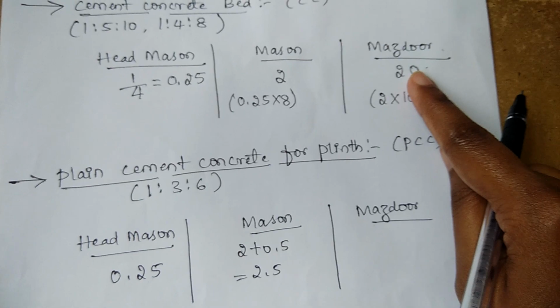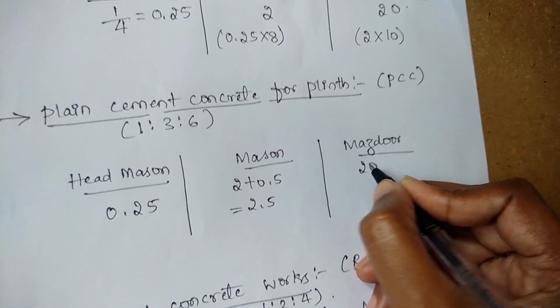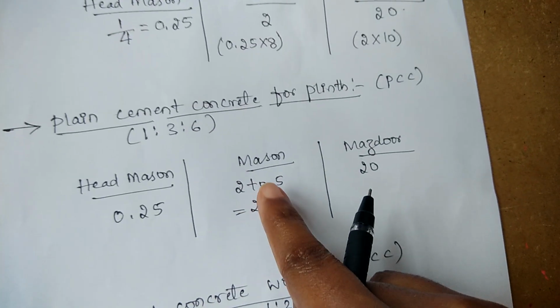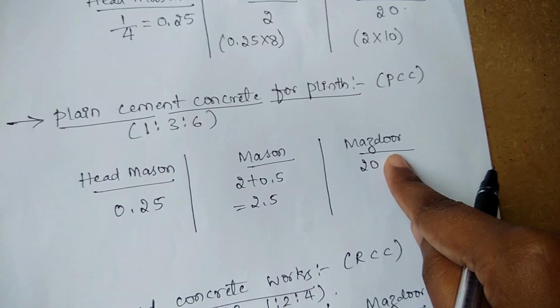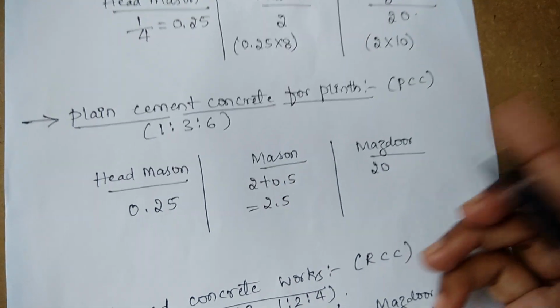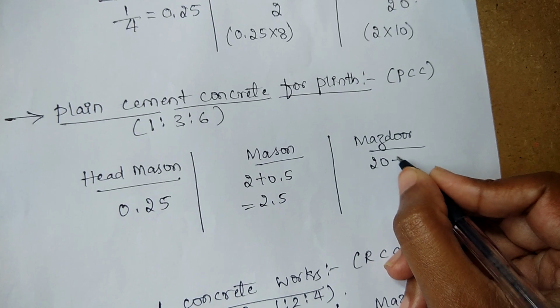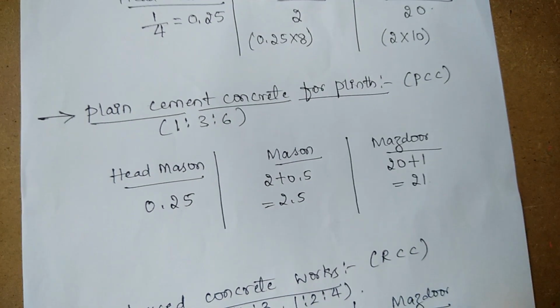Then for Mazdoor, I will keep 20 as it is. If I am adding 0.5 times in mason, I should add 1 times in Mazdoor. Just double of this. 0.5, double of 0.5 gives you 1 number. So that gives me 1. So the total will be 21 numbers.